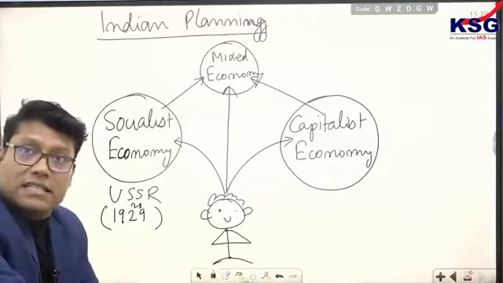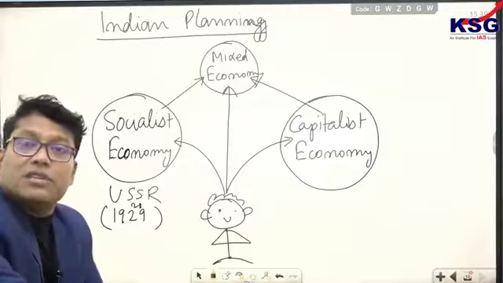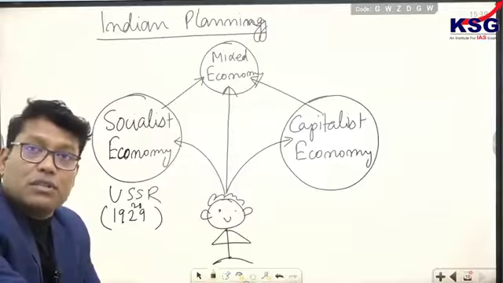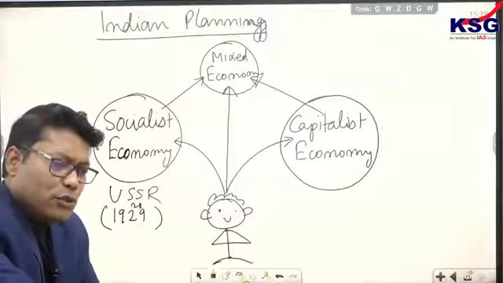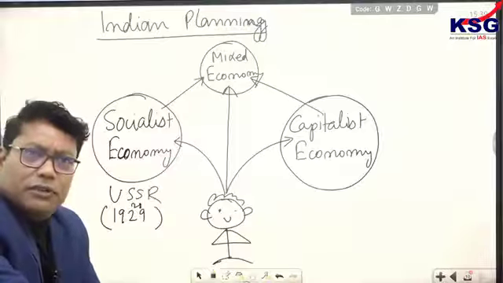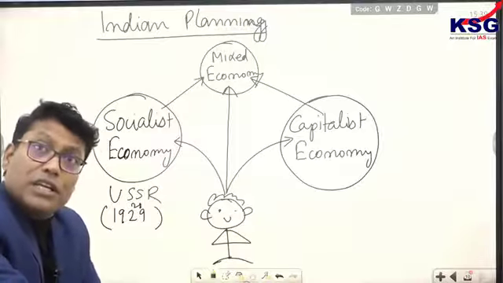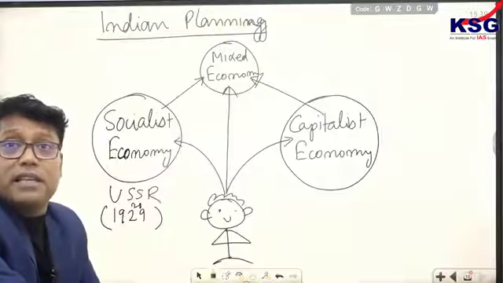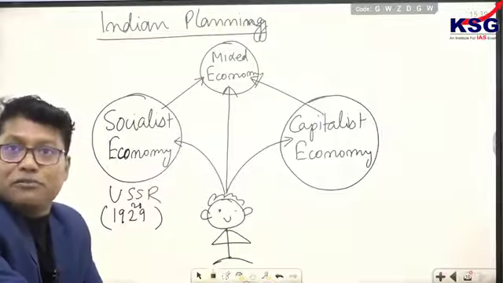The IMF lent us money, no issue, but it was a conditional loan, and the condition was economic reforms. So when you write, don't write it like this. You just say that since the Indian economy faced a BOP crisis, the reforms were a need of the Indian economy and also recommended by the IMF, so we implemented the economic reforms.